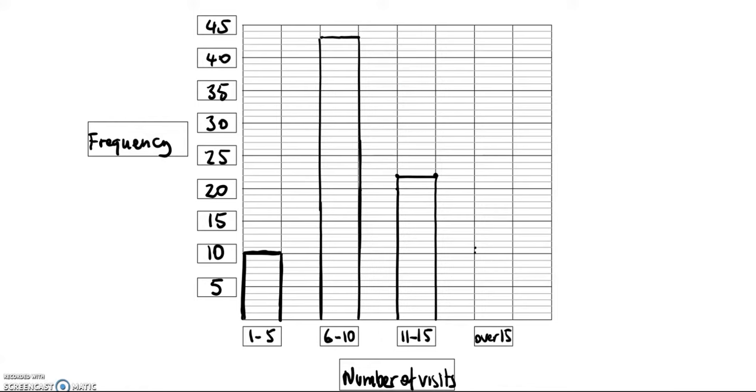So we have 10, 11. So we've now completed our bar chart.